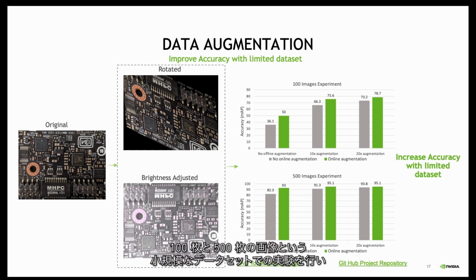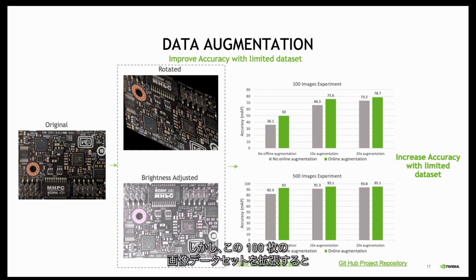So we ran a few experiments on a small data set of 100 images and 500 images. We took a small 100 image data set and applied both offline augmentation and online augmentation to see how much accuracy we can improve by augmentation. For a 100 image experiment, without any augmentation, we're able to achieve only 36% mAP, or mean average precision, which is basically useless.